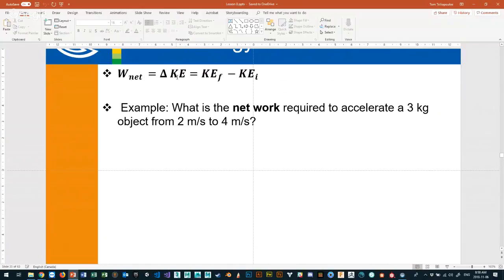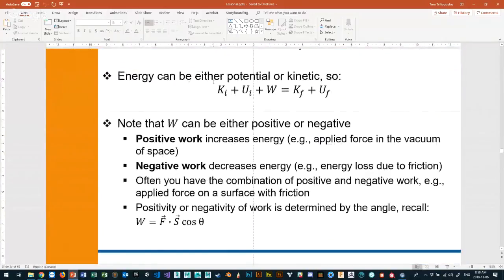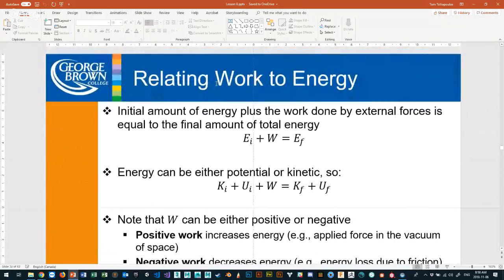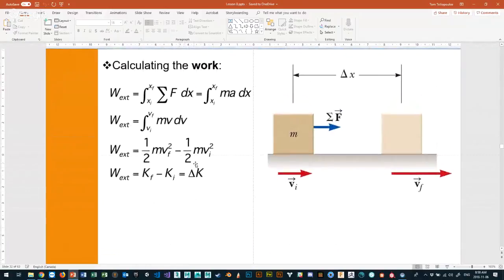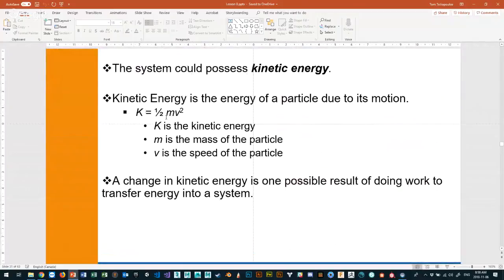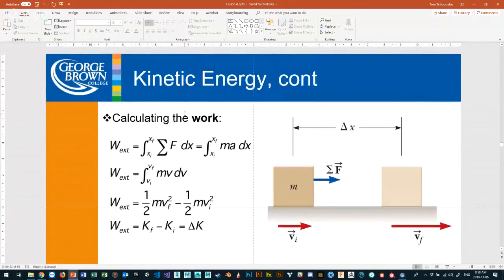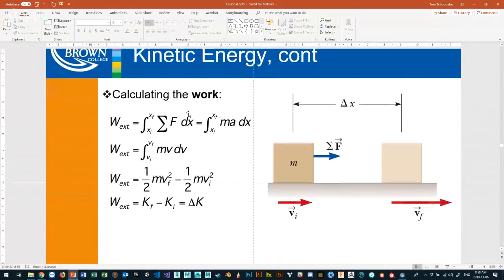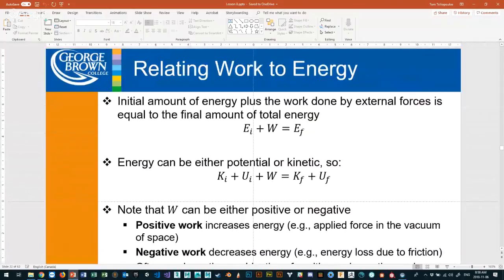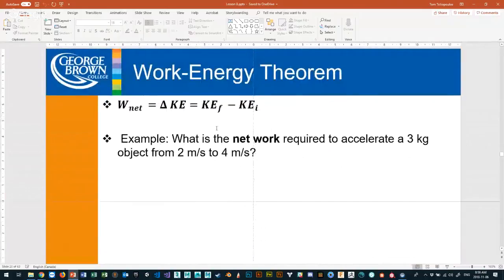So kinetic energy, right? Let's go back up the chain here. When we look at kinetic energy, let's see what it says. Kinetic energy can be calculated as 1/2 mv squared, right? Remember that kinetic energy final minus kinetic energy initial is the total kinetic energy we need. So if we go back to this question, it says, what is the net work? 1/2 mv squared.